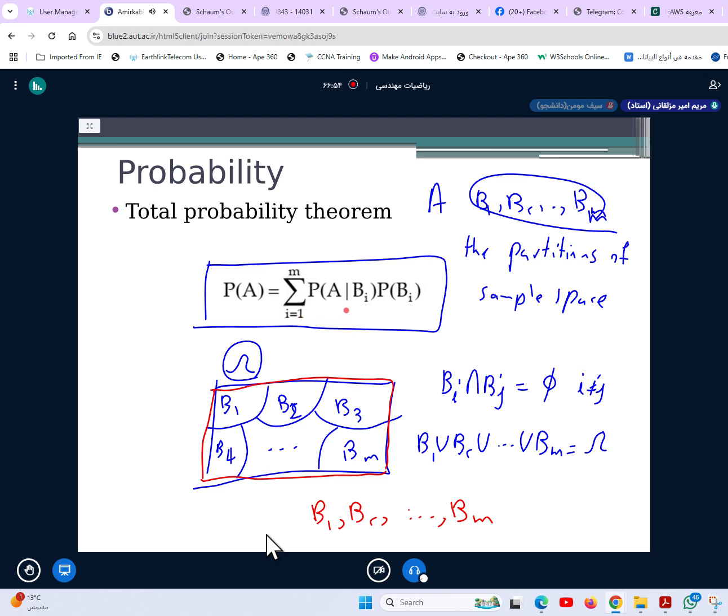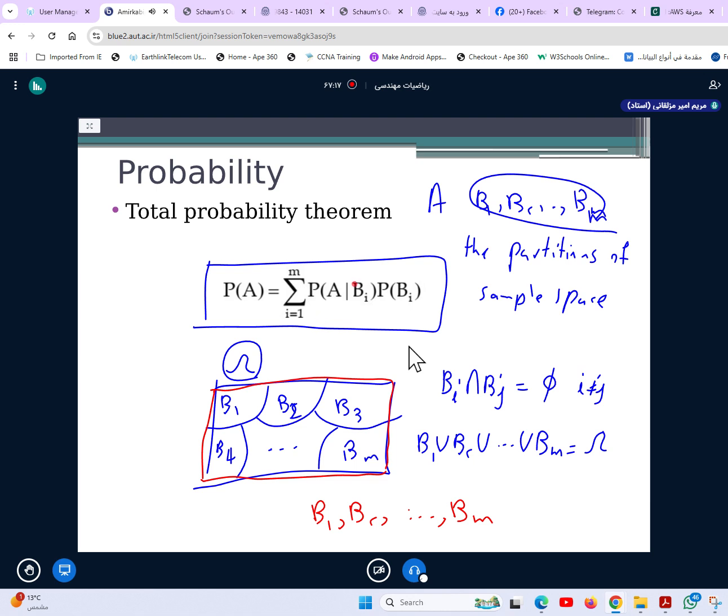Okay. Let's continue about this formula. What's the meaning of this formula? This formula says that the probability of A is equal to the summation of the probability of A conditioned on Bi times the probability of Bi. But what's the application of this formula?